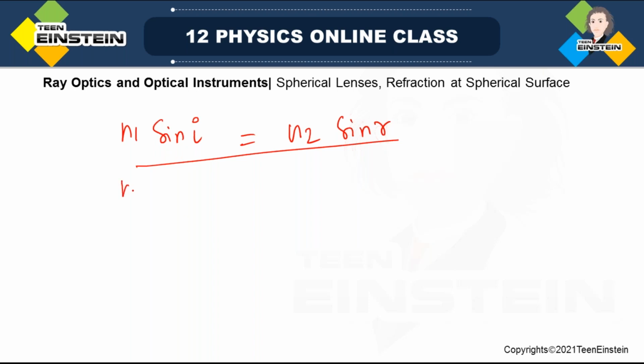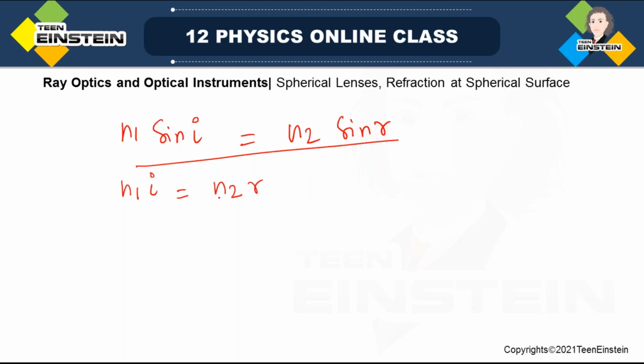Since this is a very small angle, I can write sin I like this.